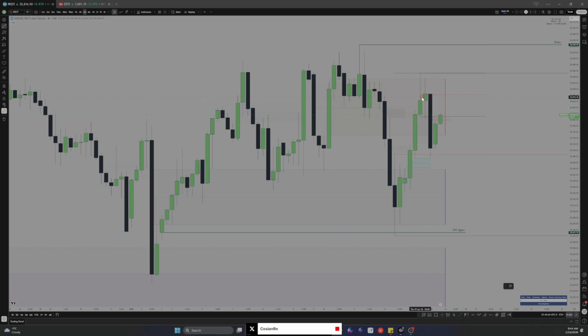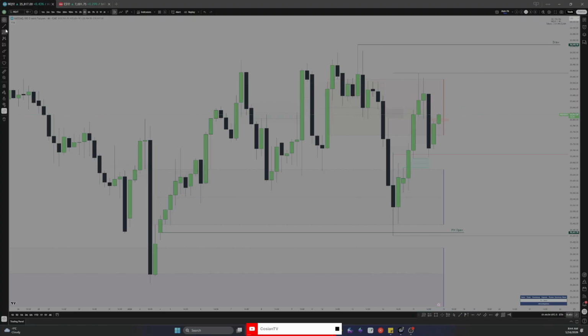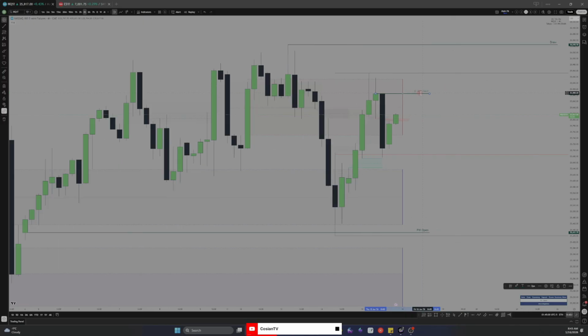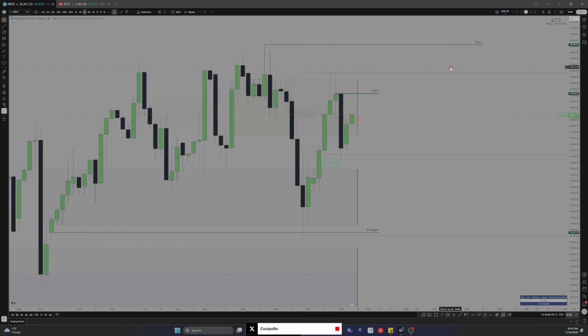So we could say that the market will make its way to this level. So this is our low hanging fruit level target for the London session, I would say.